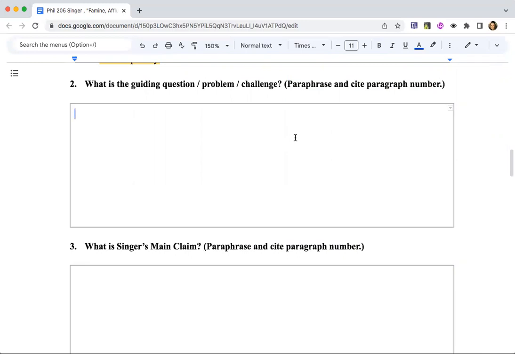You still provide a citation. The best citation is the one that guides your reader to where you found it. So if you can point to a paragraph or a page where you found the thing that you are paraphrasing, that is the information that will help your reader find what you're talking about. Citations aren't just about giving credit where credit's due or making it clear that ideas aren't your own.